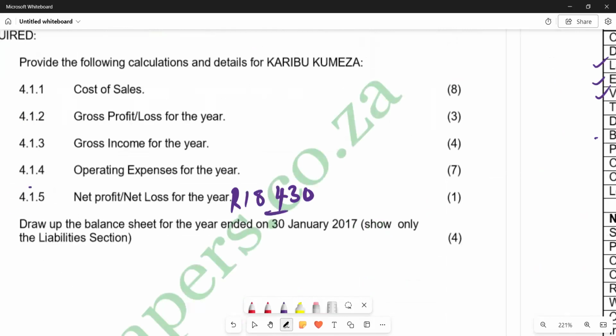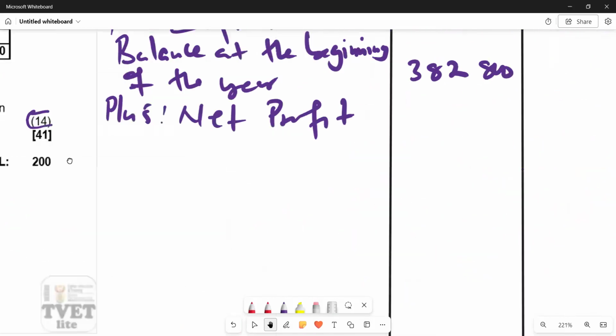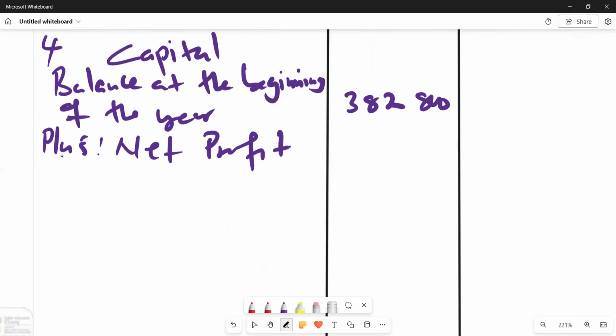So we come here, we are getting it as 18,430. Then we add to get the total: 382,800 plus 18,430, you're going to get 401,230.